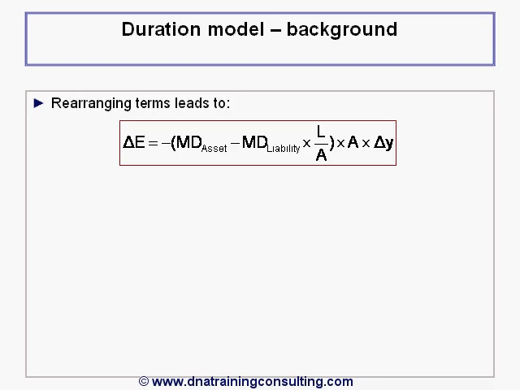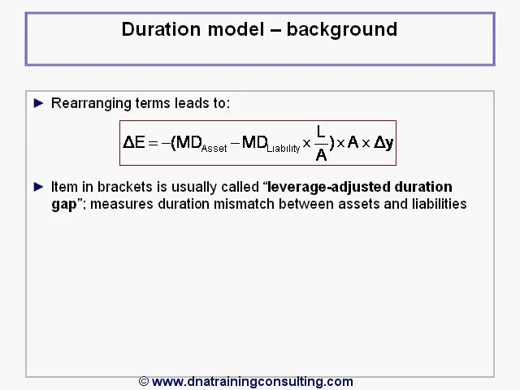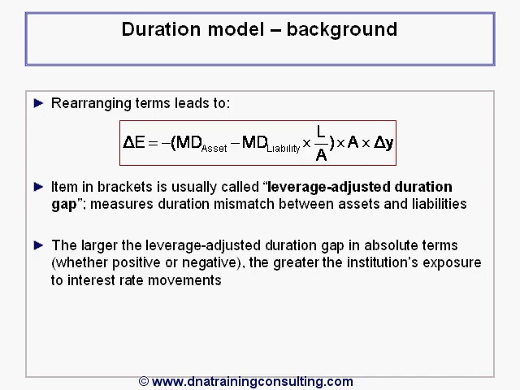The item between brackets is usually called the leverage-adjusted duration gap. It measures the duration mismatch between assets and liabilities for the institution. The larger this leverage-adjusted duration gap in absolute terms, whether positive or negative, the greater the institution's exposure to interest rate movements.